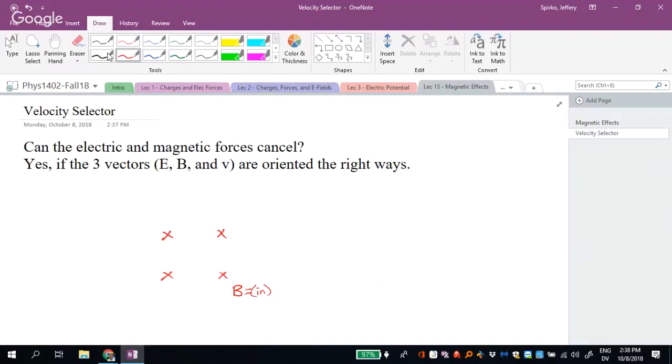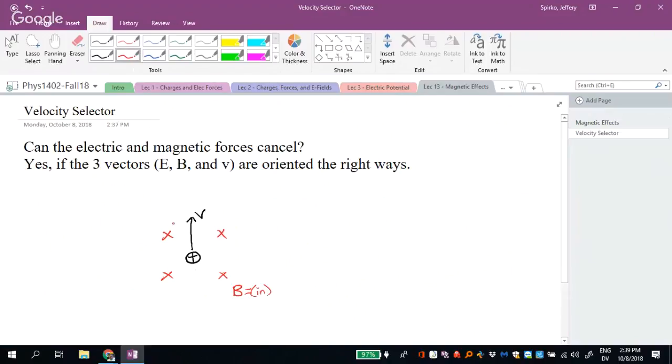And to make things easy, we're going to have a positive charge here with its velocity toward the top of the page. Now, the first thing we want to do is figure out the direction of the magnetic force. So the velocity's up, magnetic field is into the page, so the thumb is the force to the left. So that's F sub B.